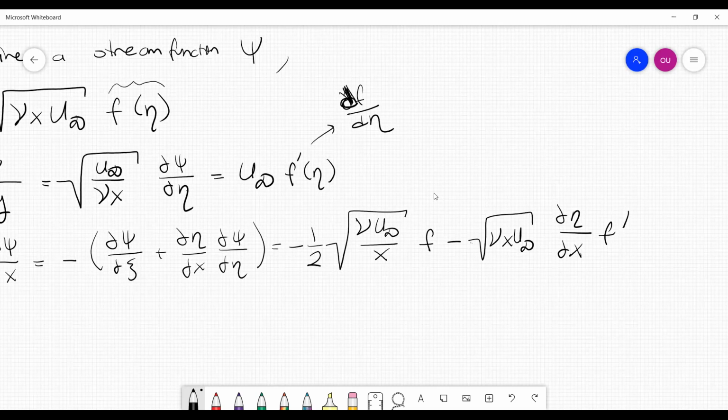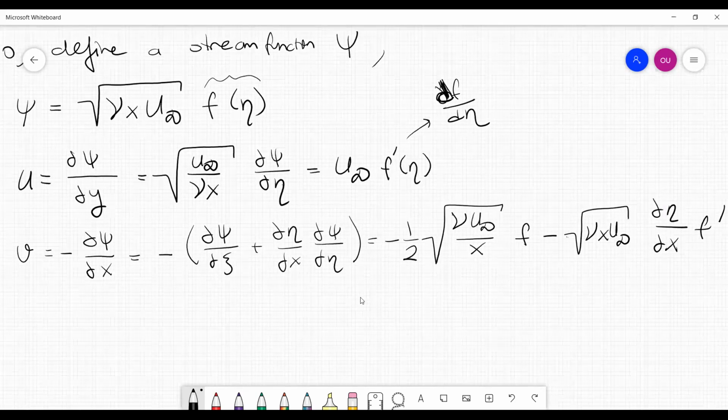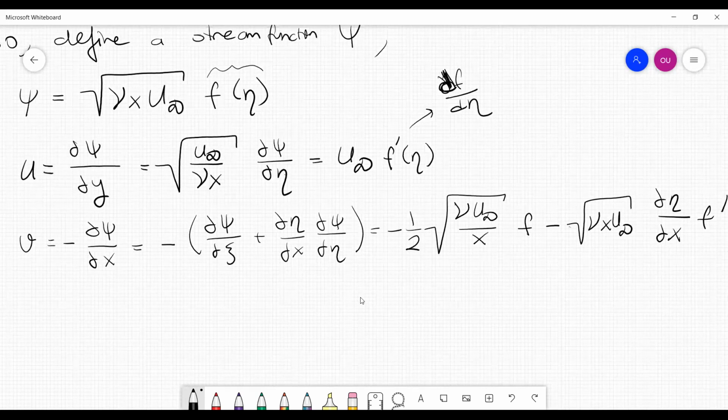Okay, and one can actually show that if this is u and this is v, we need du dx plus dv dy equal to 0 for conservation of mass.